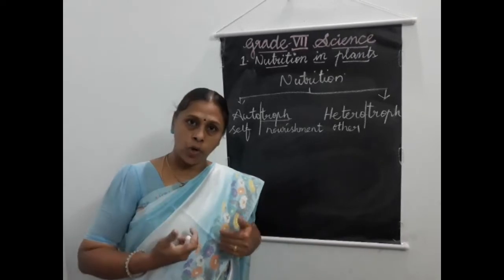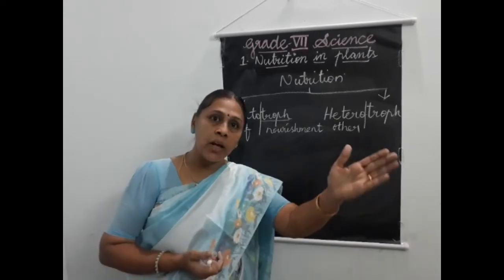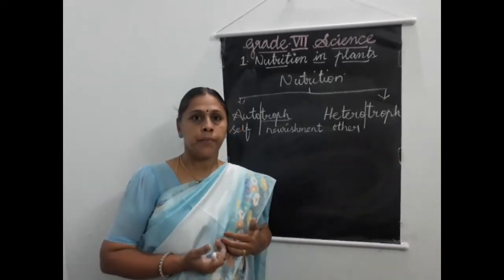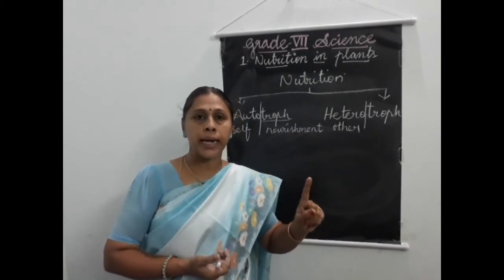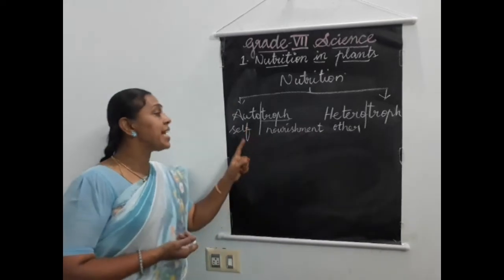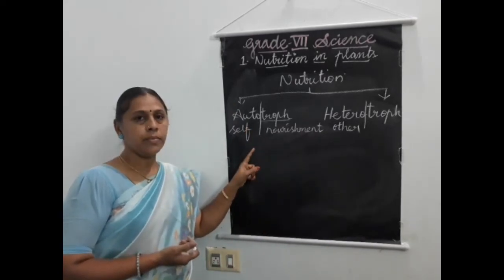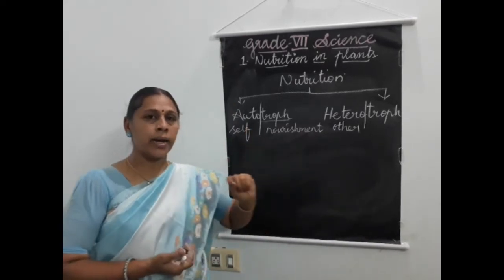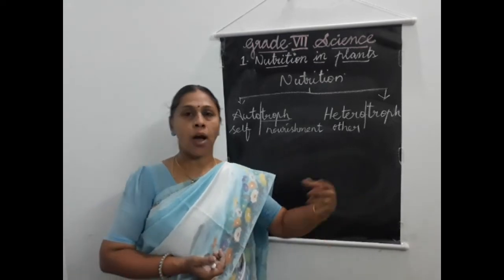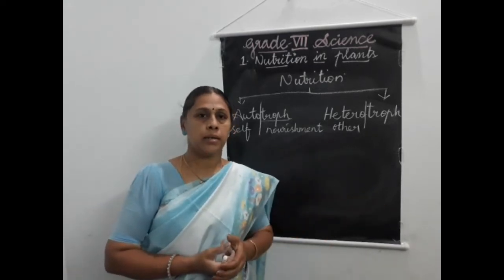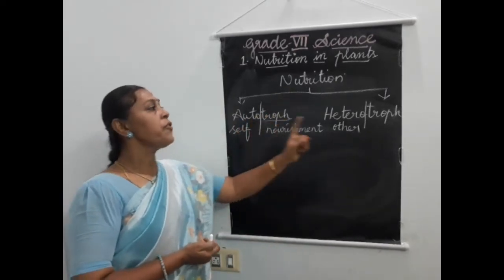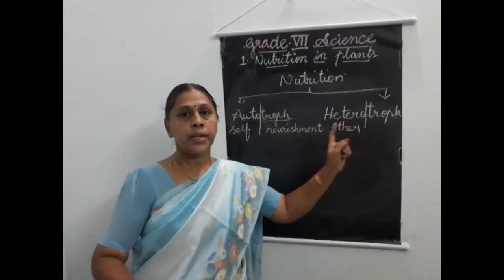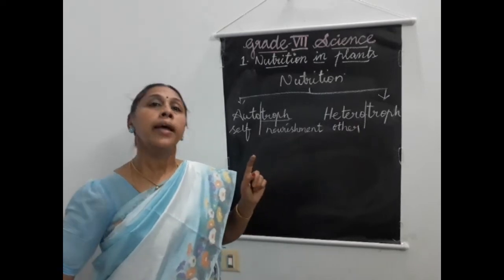We are heterotrophs because we depend on plants or animals for our food. The only living organism which is autotroph is green plants. All other living organisms depend directly or indirectly on plants. So, this nutrition is of two types: autotroph and heterotroph.